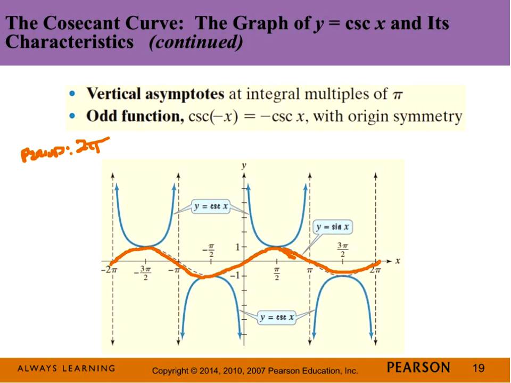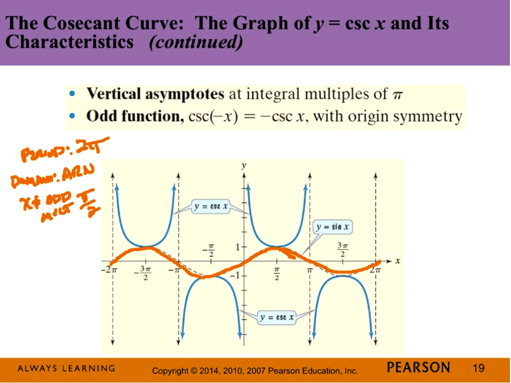We have a domain of all real numbers except for odd multiples of pi over 2. So our domain is all real numbers. X cannot be, though, odd multiples of pi over 2.